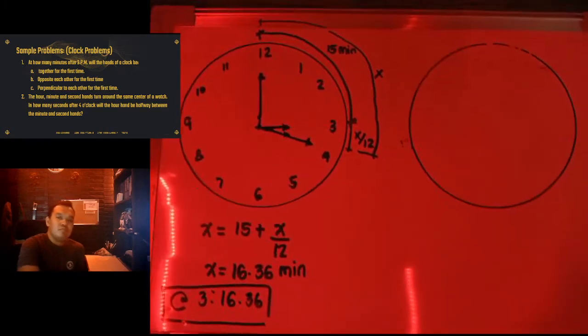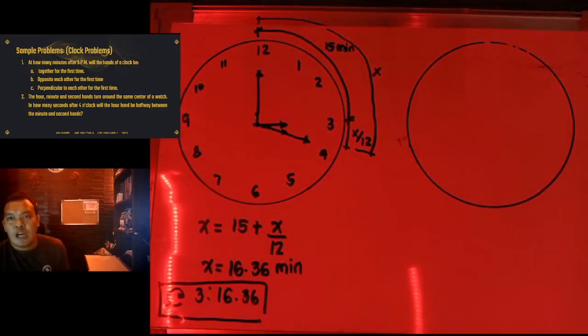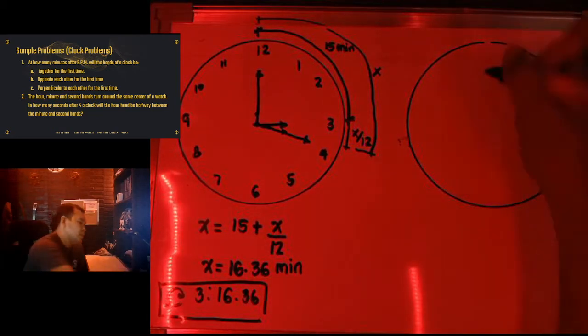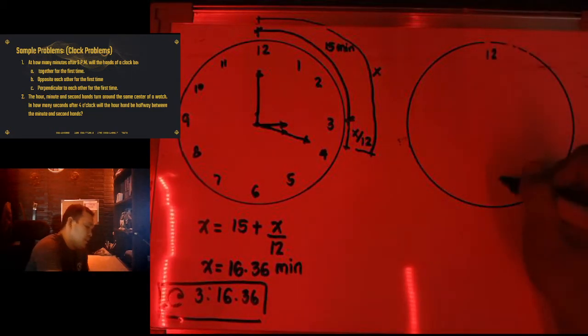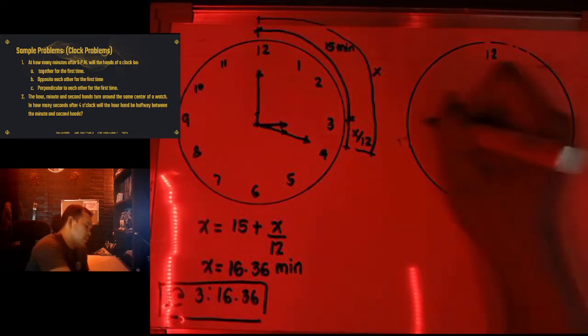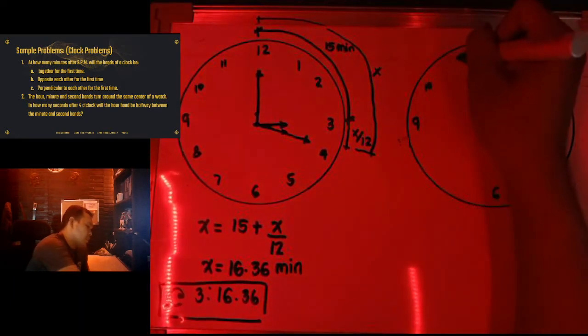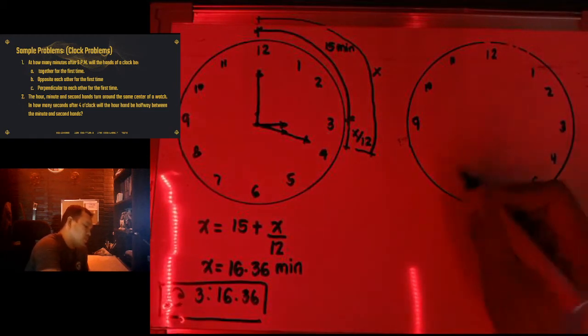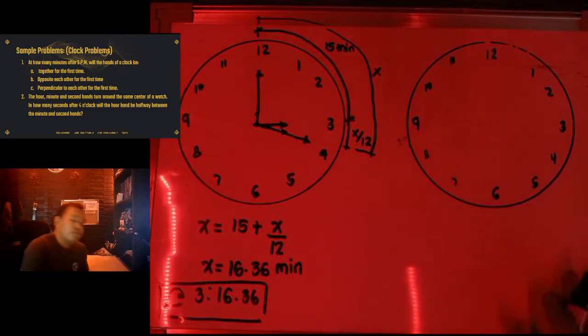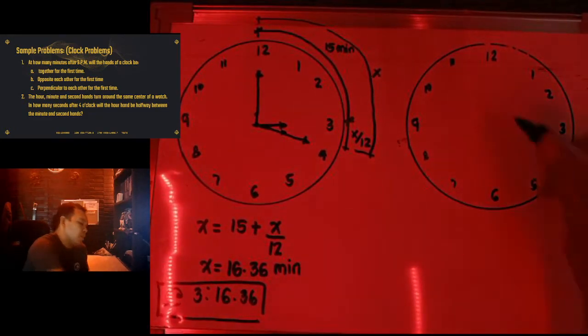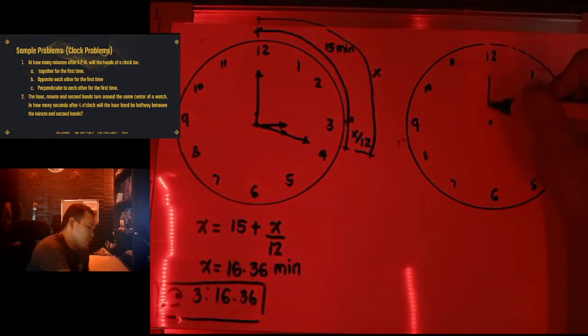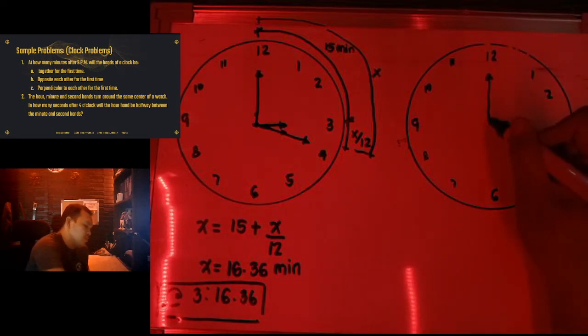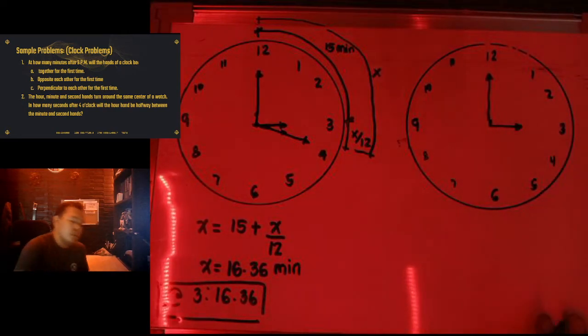Okay? For the second question, opposite each other for the first time. We are still talking about the minute hand and the hour hand. Now, let me start again at 3 o'clock. This is 3 o'clock. Then the question is opposite each other.